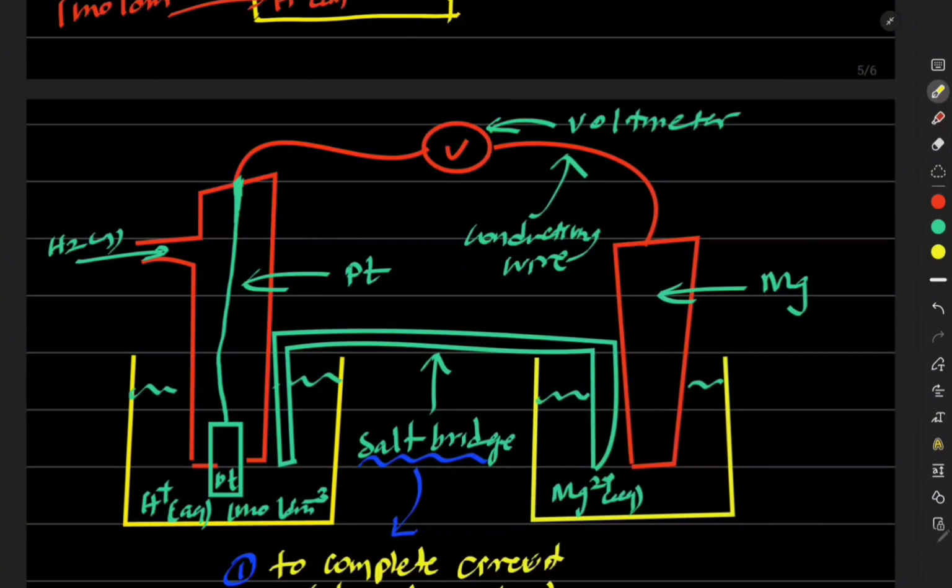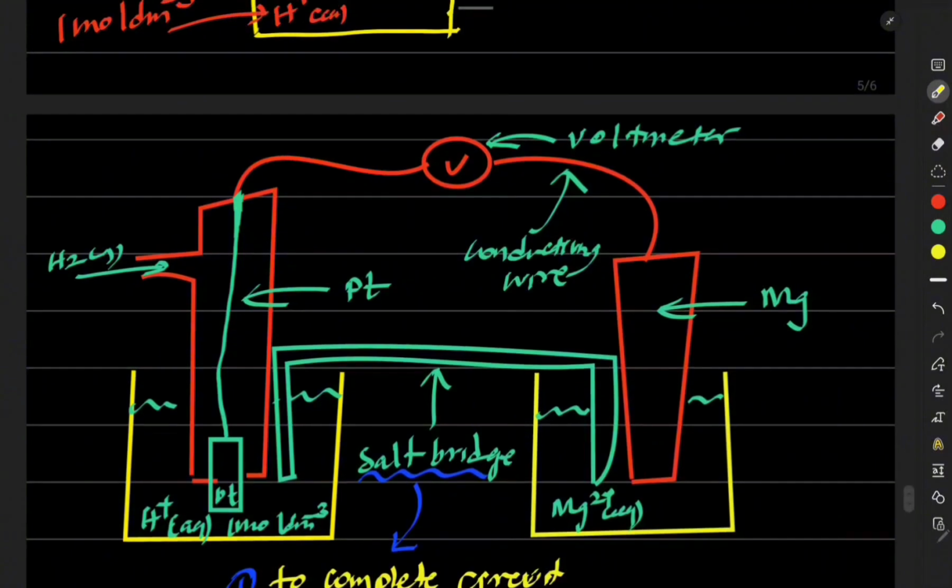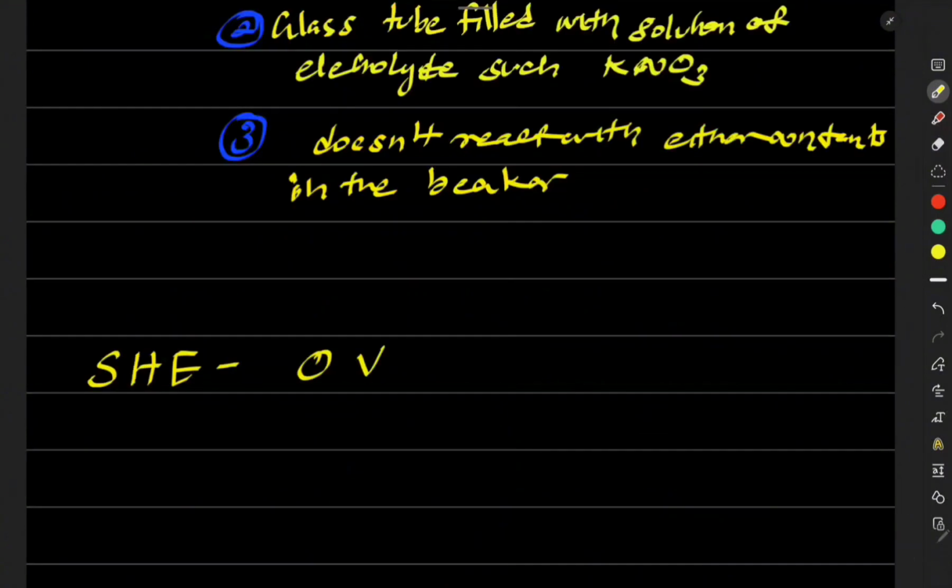The voltage reading means the potential difference, potential of hydrogen minus potential of magnesium, and that's how electrode potentials are found. The standard hydrogen electrode is considered 0 volts at 1 atm pressure, 25 degrees Celsius and 1 mol dm^-3.